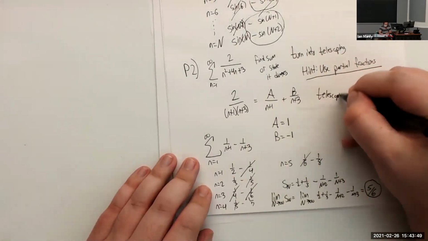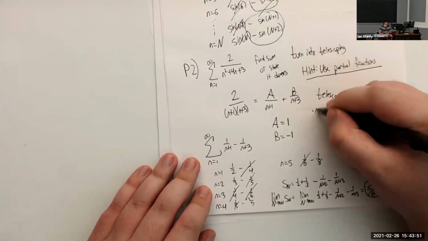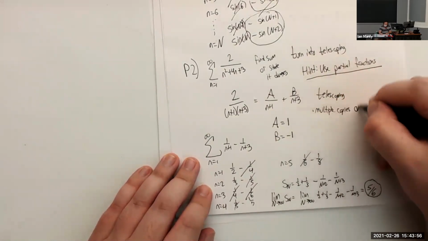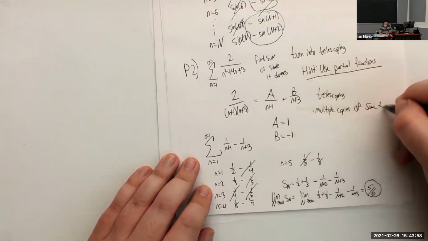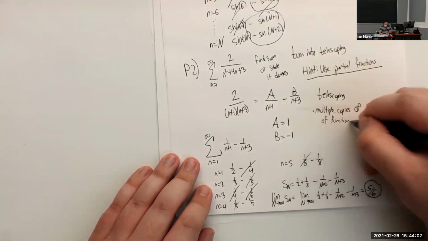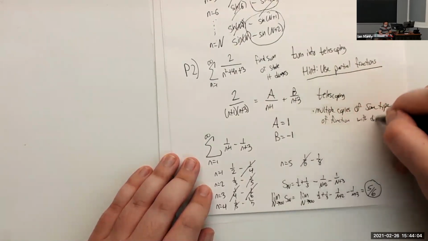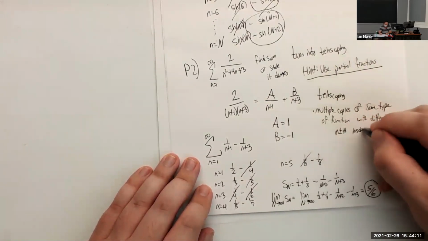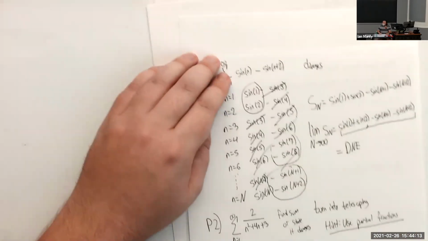in a telescoping series is you have multiple copies of the same type of function with different n plus or minus a number inside. So for example, back here, we had sine of n minus sine of n plus 2.